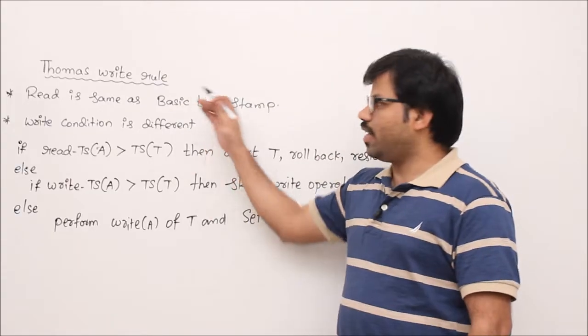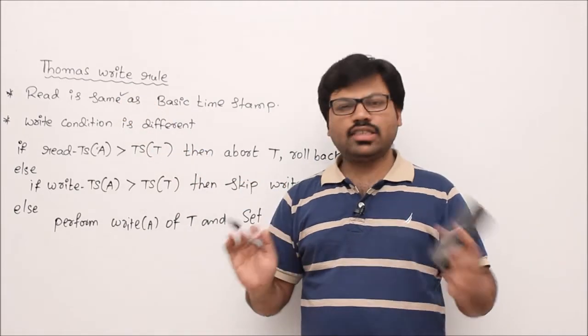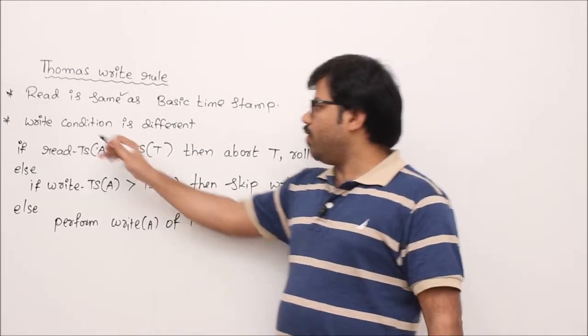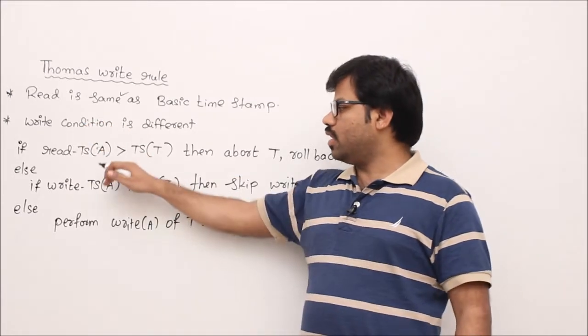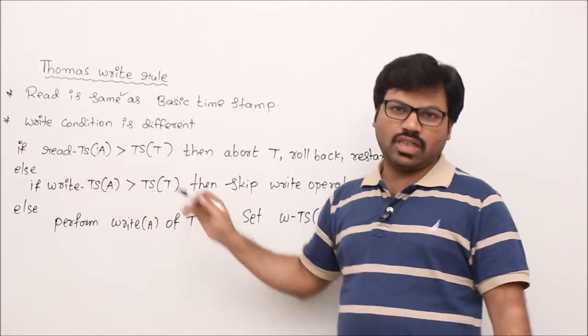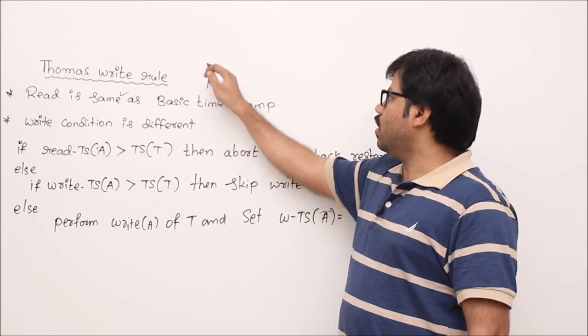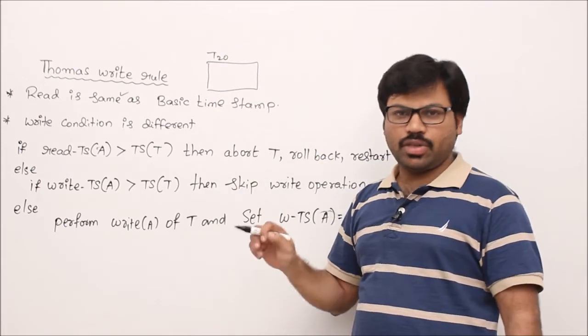Okay. Now we'll see the Thomas Write Rule. In the Thomas Write Rule, we know that read is the same. That means the read condition is the same as basic timestamp. But whenever a transaction wants to do a write, we have to check these conditions. Case number 1: if the read timestamp of A is greater than the timestamp of T, consider this case. You have, let's say, a transaction like T20, that means its timestamp is 20.